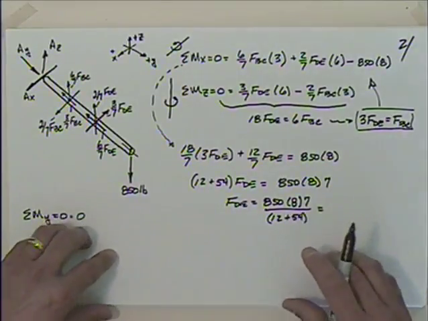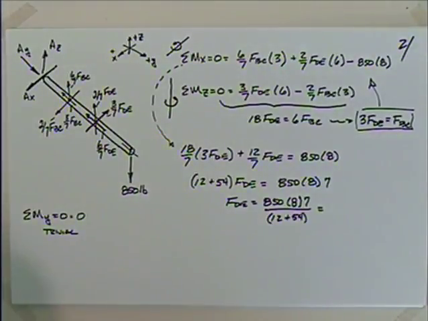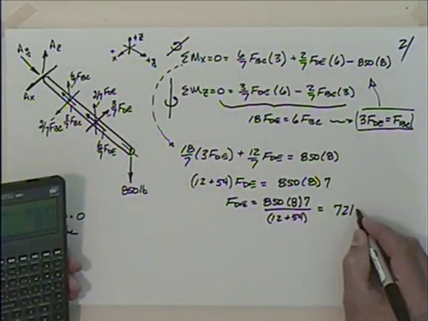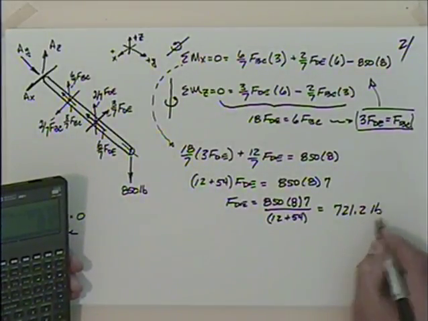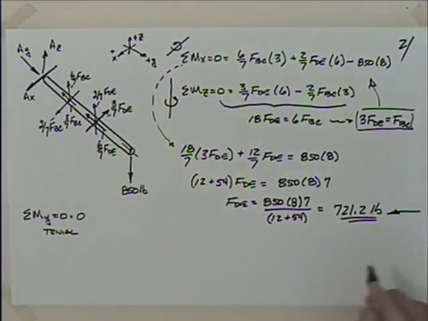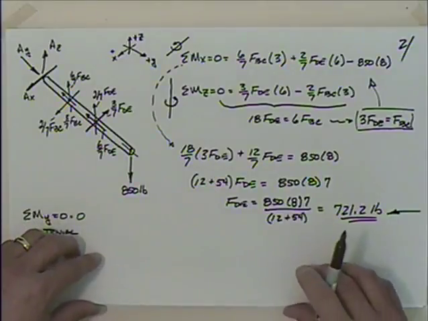So when you run the numbers on that, let me double check those. 721.2 pounds. I have too many significant figures there. I should just say 721, but if we're going to substitute it back in, we might want to keep that.